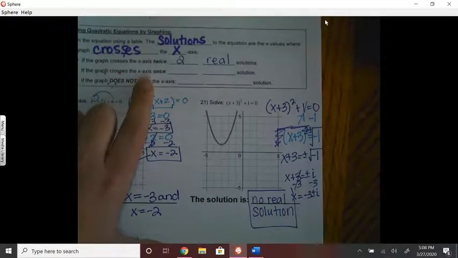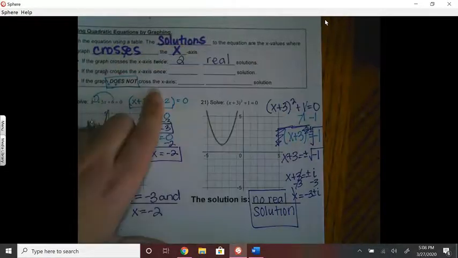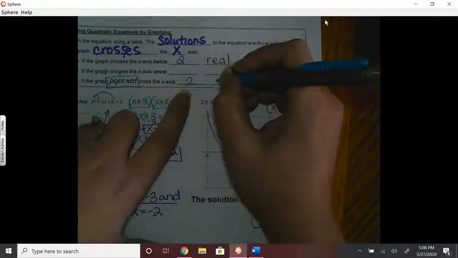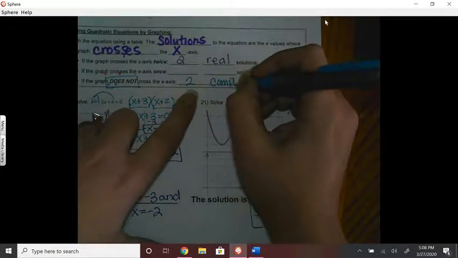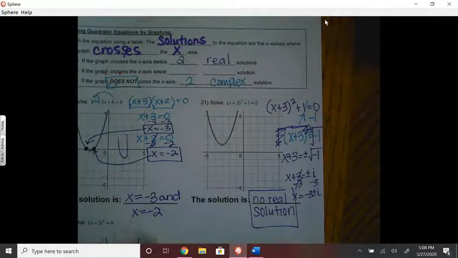Okay, so if the graph does not cross the x-axis, it means you're going to have 2 complex solutions. That means you'll have I in the answer as we did here. So it could either touch twice and give you 2 real solutions. It doesn't touch, so you would have an I solution or a complex solution.